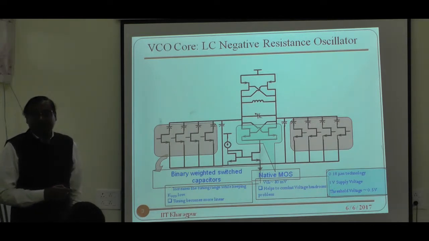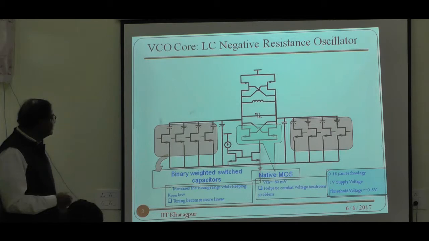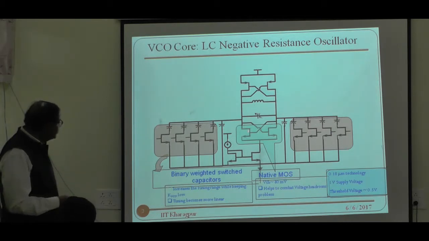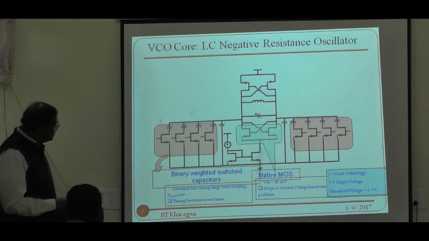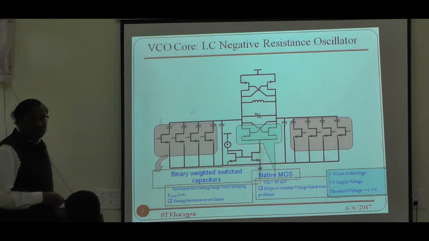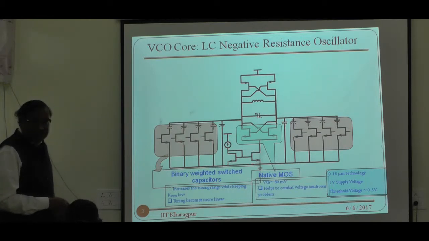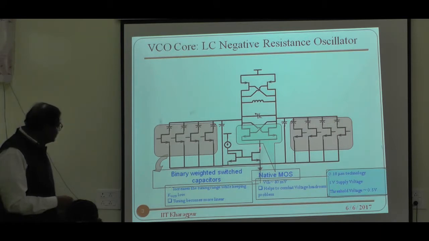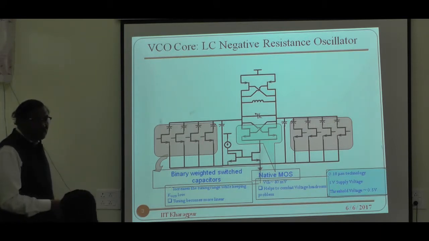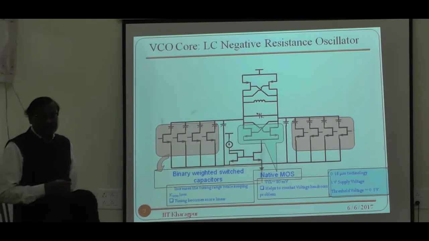Native MOS is normally NMOS, like in TSMC or others. So the PMOS is now the native MOS, which is also seeing an NMOS, a normal MOS. Suppose its VTH is 0.6, but it is 0.08, 80 millivolt. Then leakage will not be there because VDD and the ground are isolated by the normal MOS.